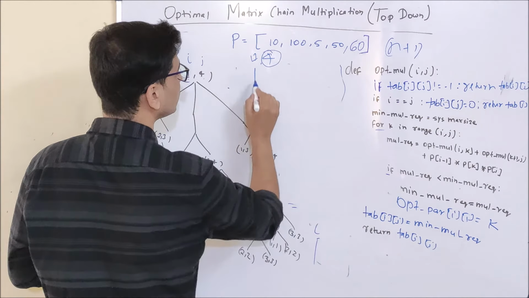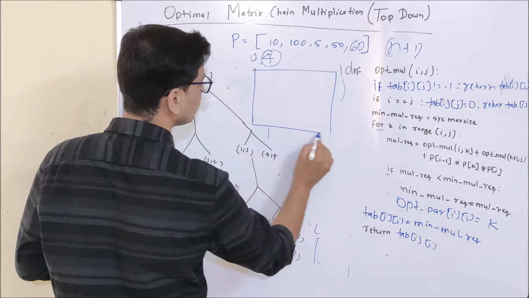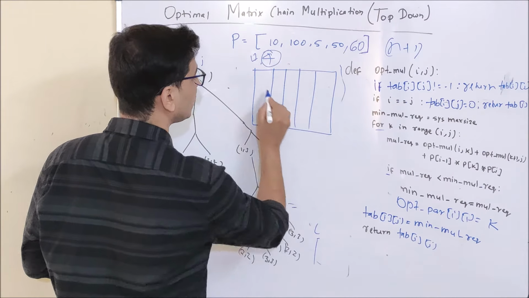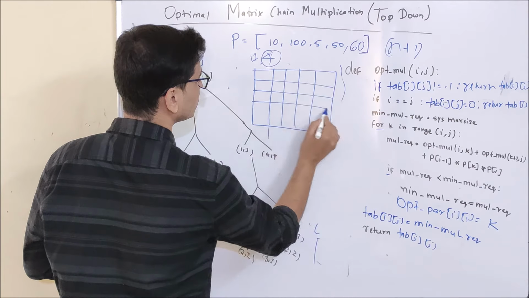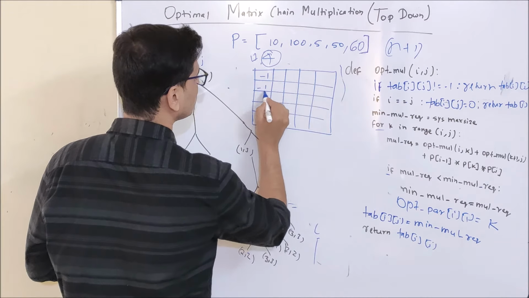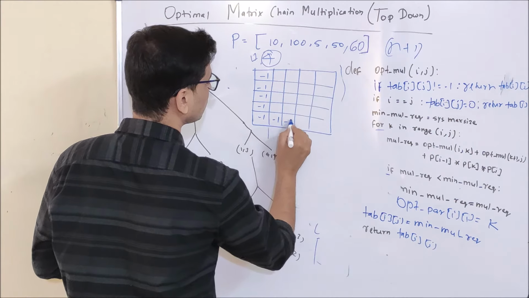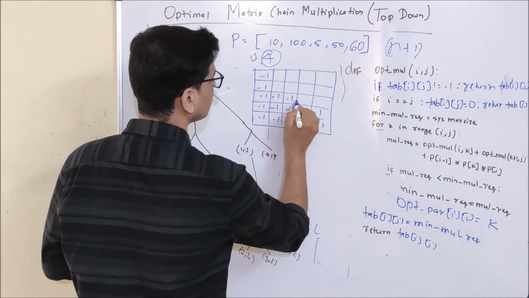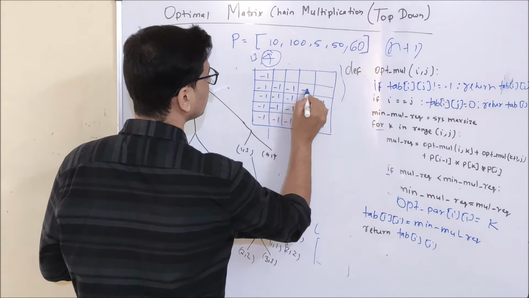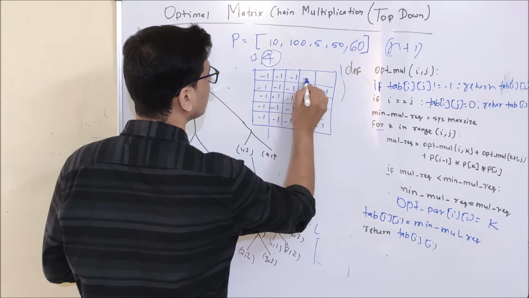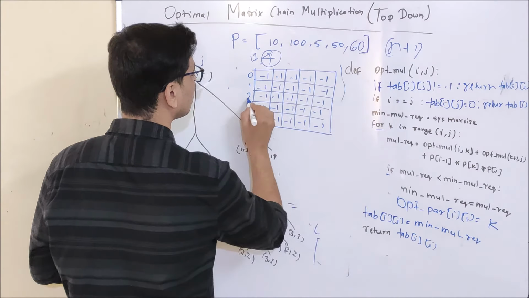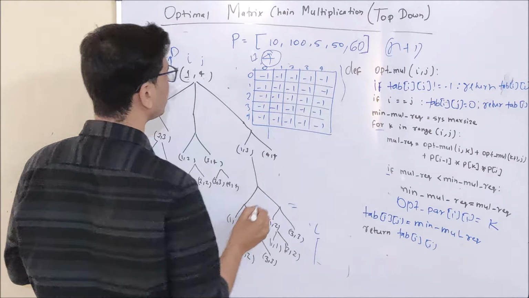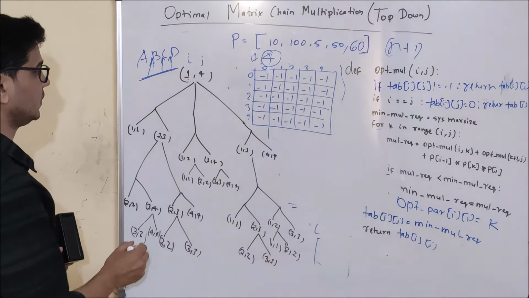So my table will be 5 cross 5, and it will be initialized with -1. Okay. Now let's see this recursion tree.